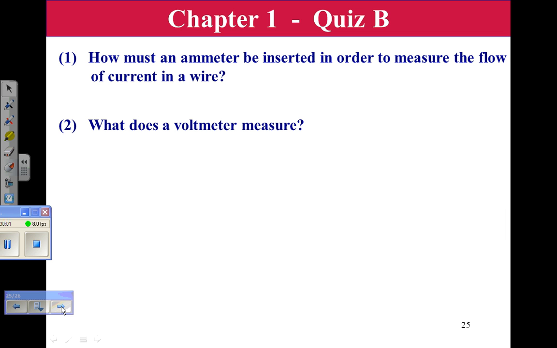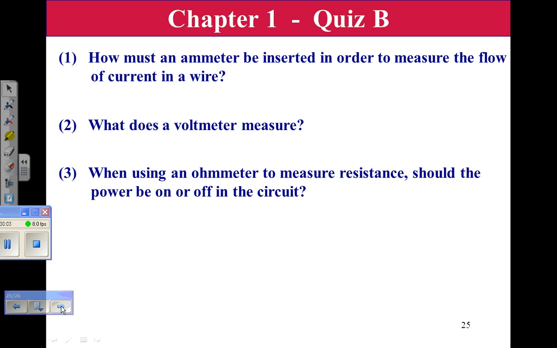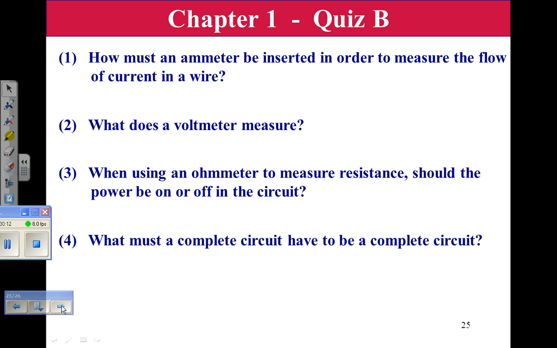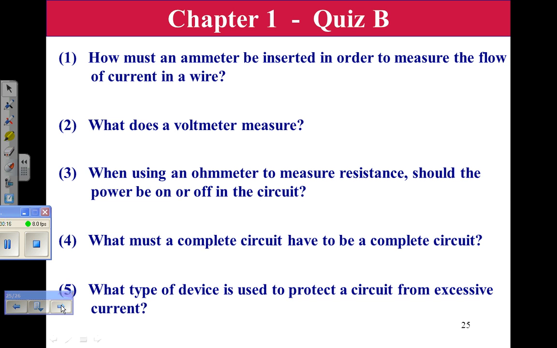What does a voltmeter measure? That's a pretty silly question. When using an ohmmeter to measure resistance, should the power be on or off? Silly question. Must a complete circuit have to be a complete circuit? That's kind of a dumb question. What type of device is used to protect a circuit from excessive current?